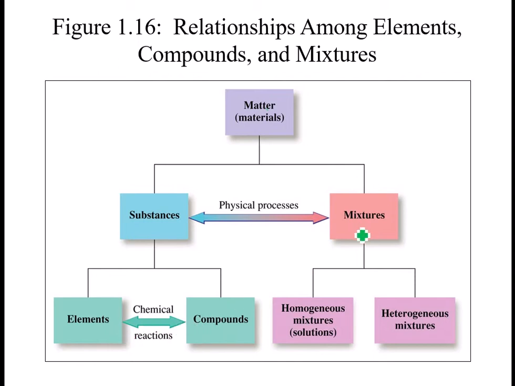I can go between substances and mixtures by a physical process, which was like the showing of the magnet and the iron. And then under mixtures, I have either homogeneous, which is also called solutions, so I can't see the difference, and heterogeneous mixtures in which I can physically see the difference.